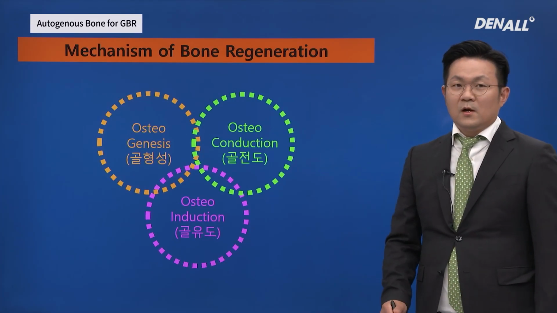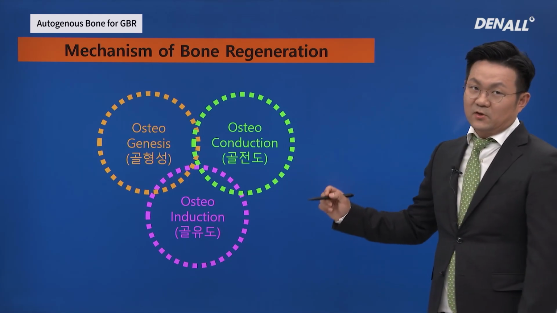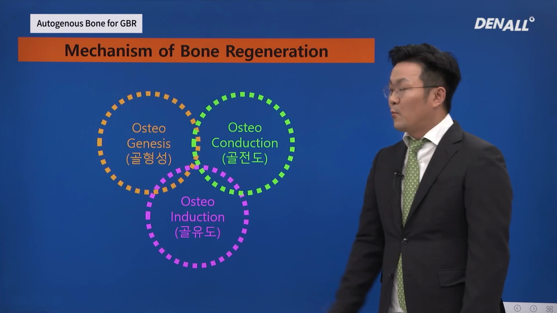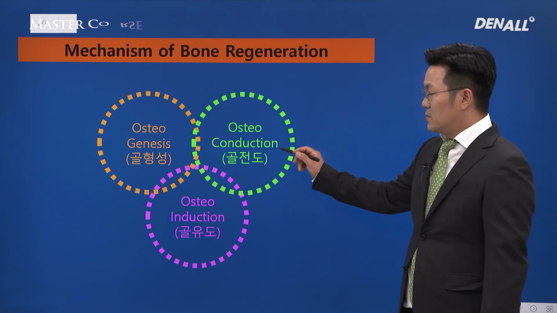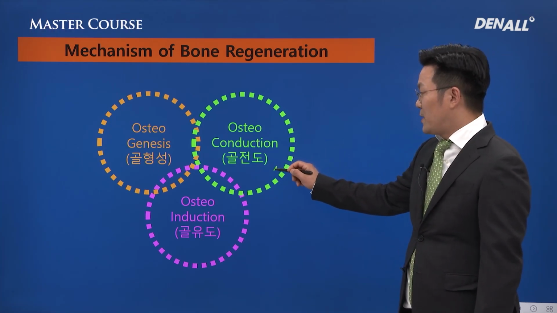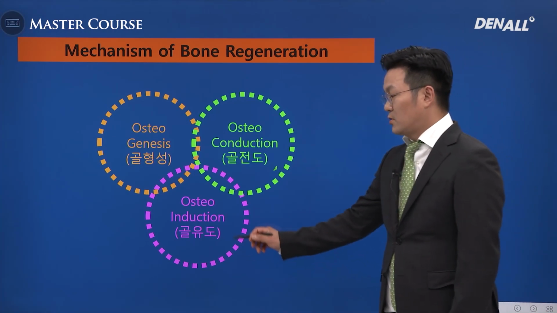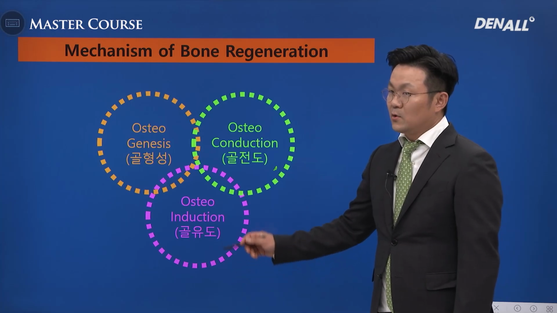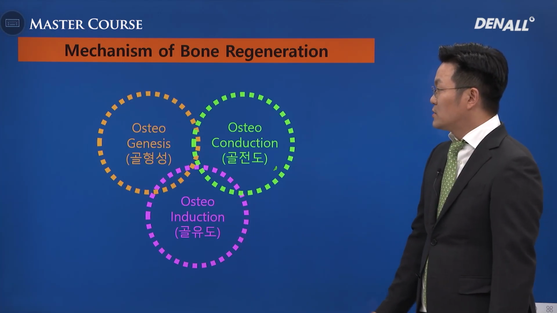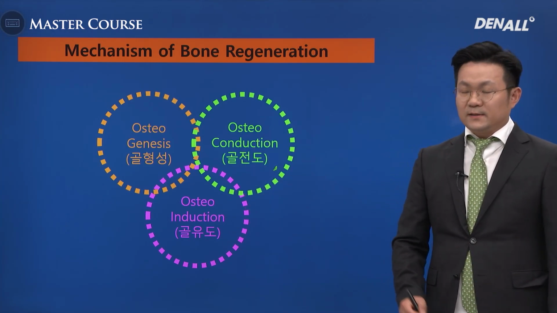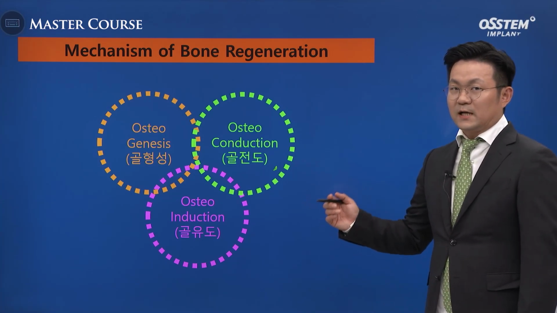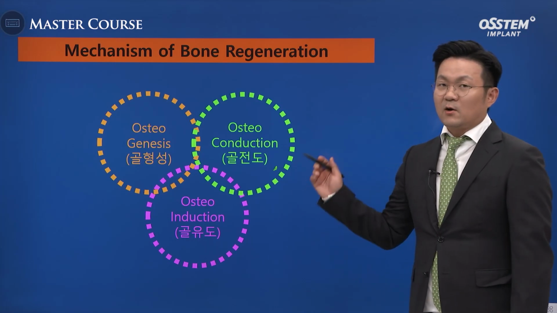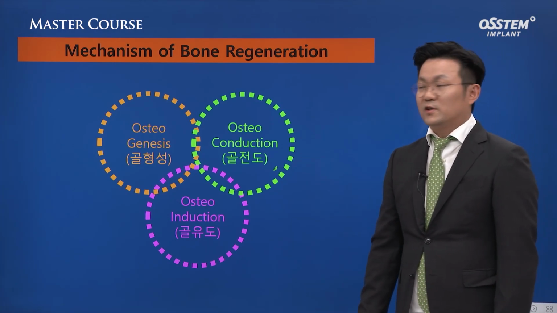As you already know, there are three mechanisms of bone regeneration: osteoconduction, osteoinduction, and osteogenesis. In general, xenograft materials only have osteoconduction, and osteoinduction can be achieved from allograft like BMP. Osteogenesis, where bone cells or marrow are involved in generating bone, is achieved only by autogenous bone.